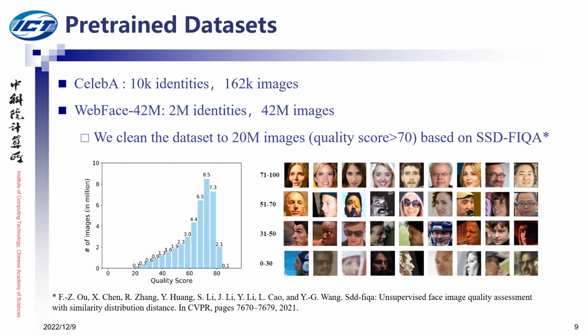WebFace is a new face recognition benchmark, which includes 42 million images of 2 million people. Due to its problem of uneven image quality, we cleaned the dataset to 20 million images based on the SDD-FIQA method. The bottom half of this page shows the result of the image quality assessment and some image examples.